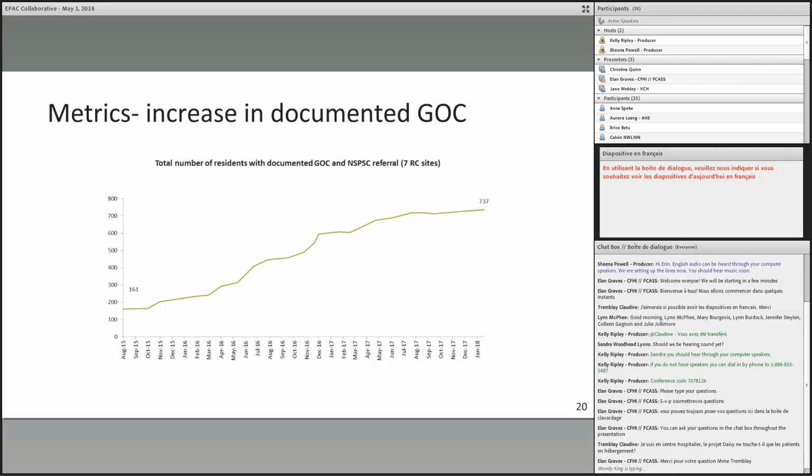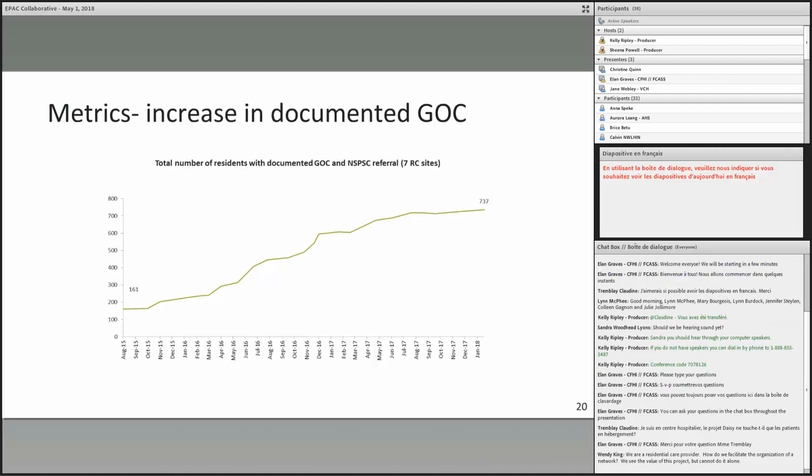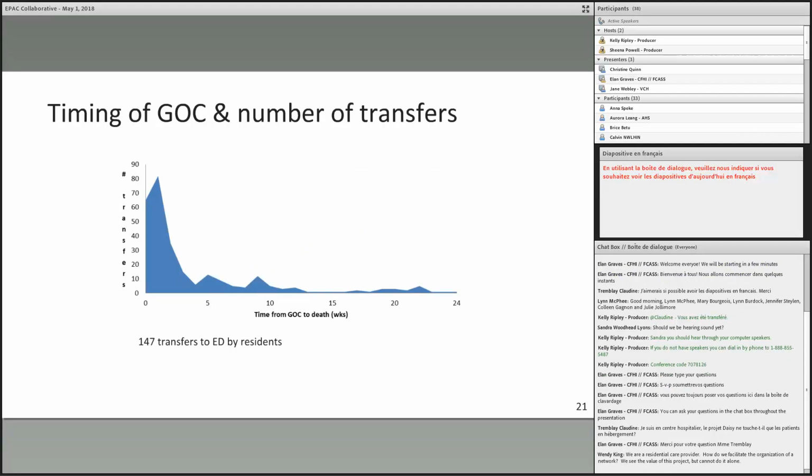When we started this journey, we had 161 residents across 5 sites on the North Shore who had either been referred to the palliative care program or had documented goals of care. By January this year, we had 737. So that's really, really exciting.